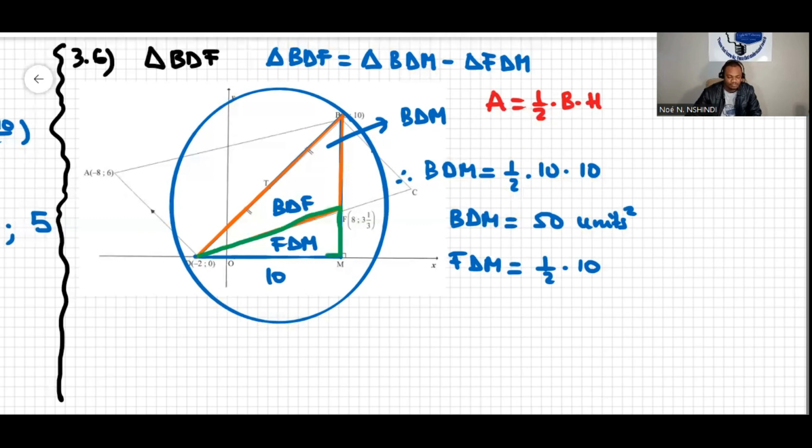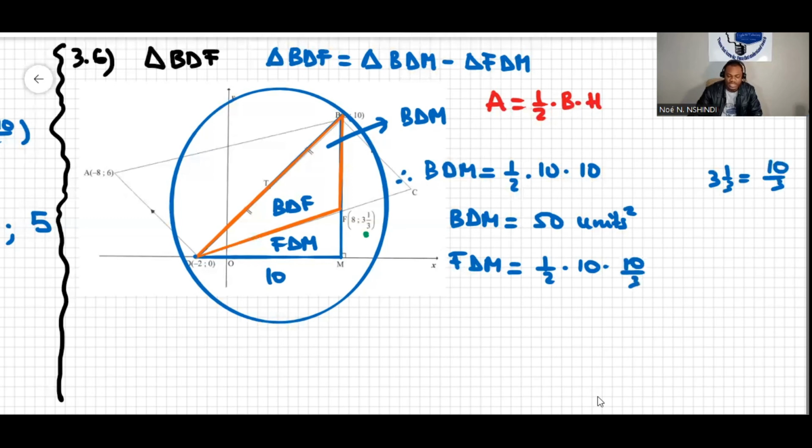I guess you see the triangle I'm talking about. The height then would be 3 and a third. So times 3 and a third. 3 and a third is equivalent to 10 over 3. I prefer to write 10 over 3.